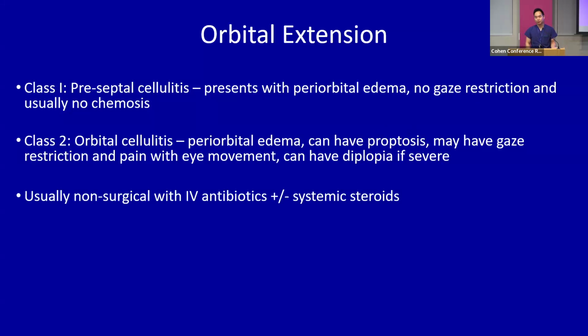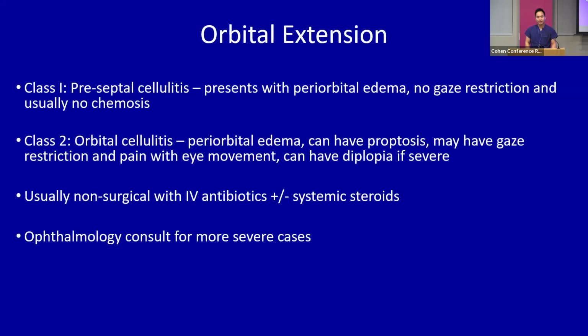Usually for the first two classes, you don't do surgery because there's no abscess. They're treated with IV antibiotics, plus or minus systemic steroids. And we can talk a little bit more about the controversy about using steroids.